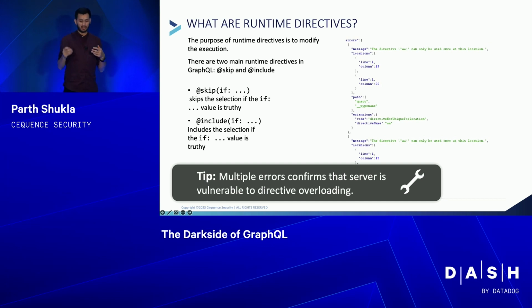Even though it can be used only once, the GraphQL server is still returning output for each and every directive that I have written. So it is still processing all the directives. So you just pass any random thing? You just pass an @elephant there? Yeah. You can pass anything you want.